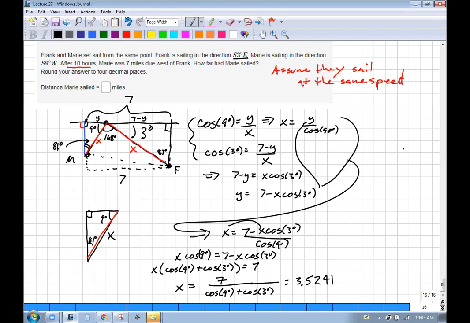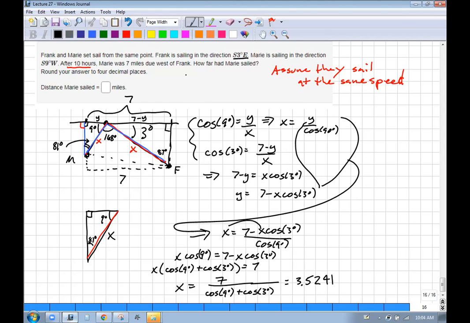Well, I don't know. This problem sucks. Let's see, what else could we assume here? Assume they're at the same speed. That means that this is the same as this. I think my diagram's correct.